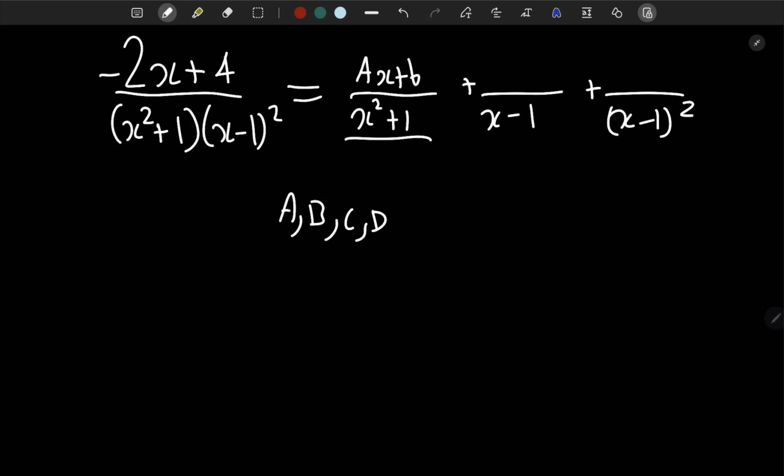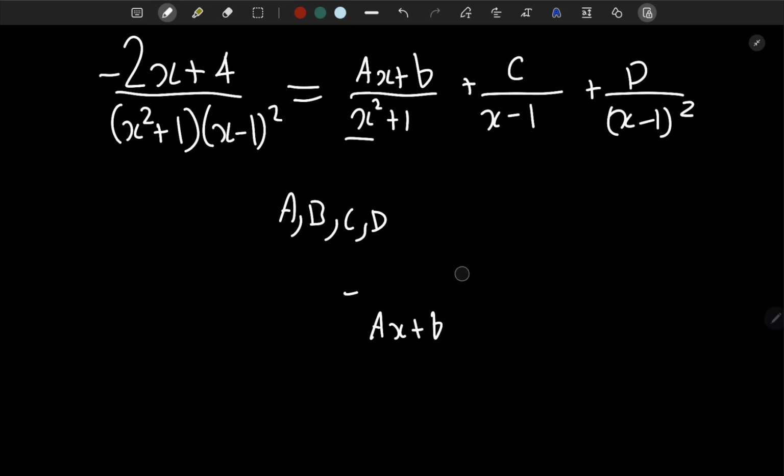Again, as I mentioned before, whenever we have an irreducible power of 2 for x, it is going to be ax plus b. And you might notice that this is the same format as the line equation, mx plus b, and here it is just ax plus b.